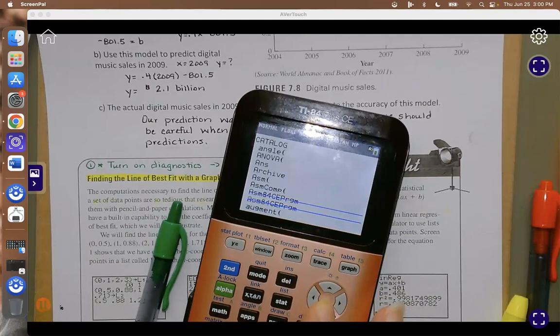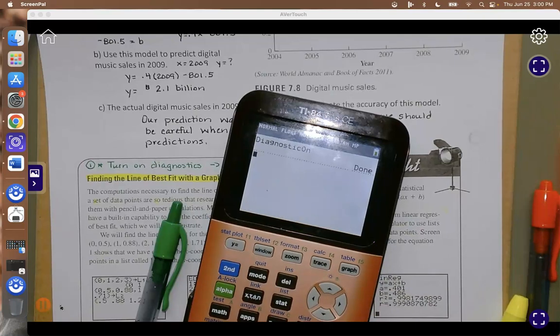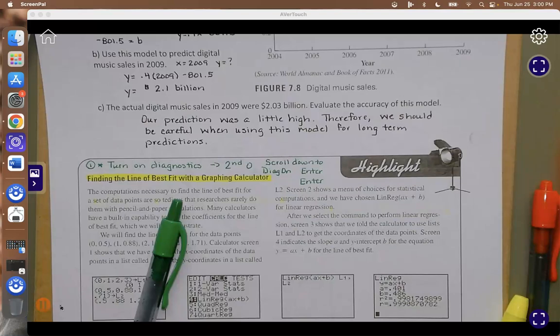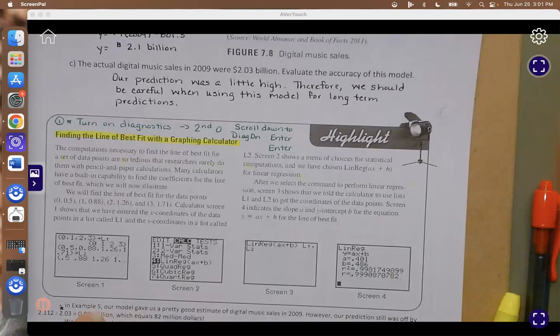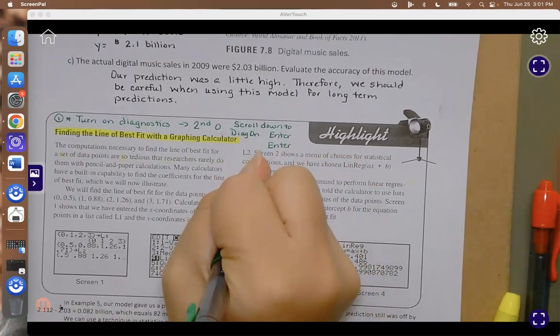They're in alphabetical order, so scroll down till you get to diagnostics on, enter, enter. You might only have to hit enter once. It depends on if you have an old calculator or a new calculator. All right, then step 2.